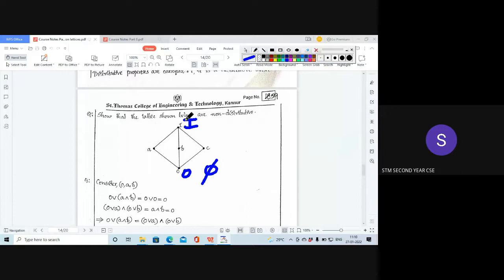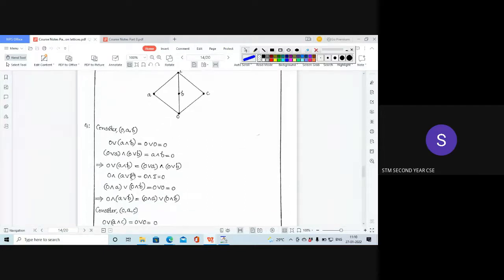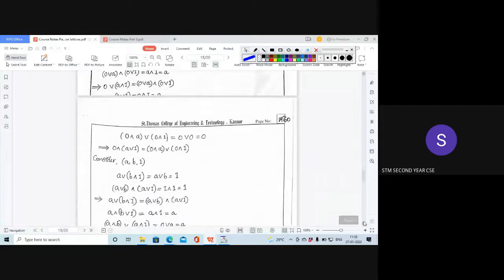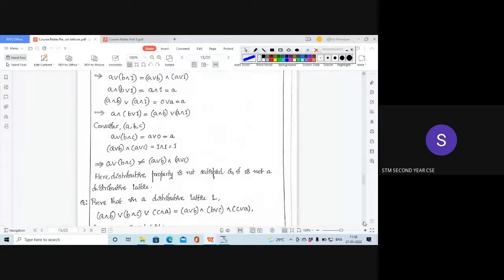With these five elements, you have to check whether it satisfies the distributive law or not. Take the different combinations and check. Consider 0, A, B, then 0, A, C, and it goes on like that. Take all the different combinations, and when we take A, B, C, we find that the distributive law is not satisfied.